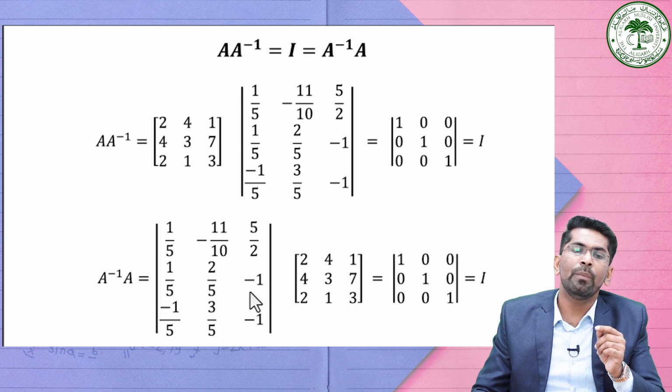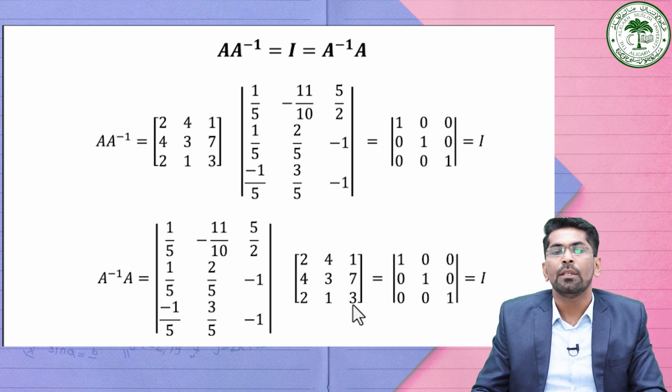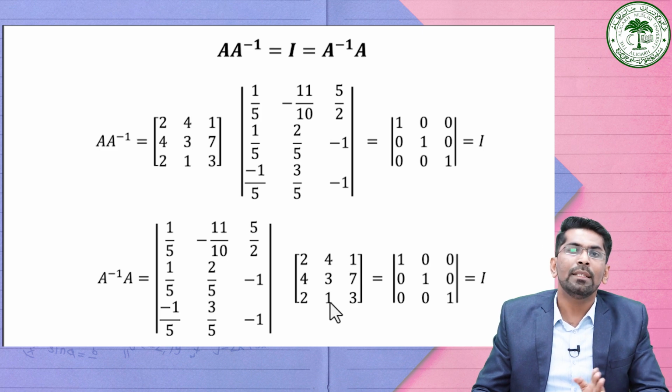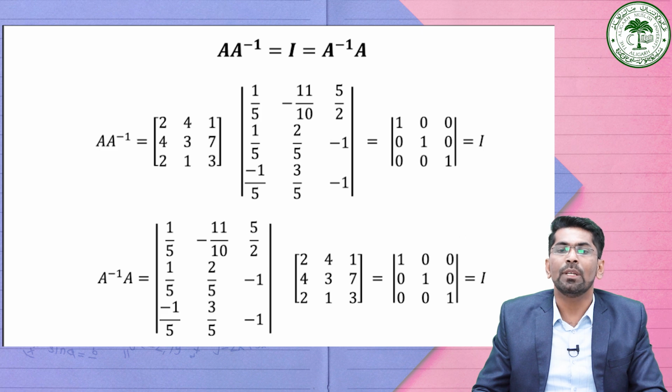Similarly, the second row and finally the third row will be multiplied with the first, second and third columns. After multiplying and simplifying, it will produce an identity matrix, that is 1 0 0, 0 1 0, 0 0 1. So you can prove it accordingly. So this is the inverse of a matrix.